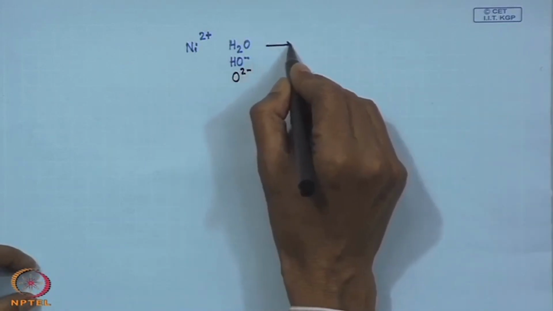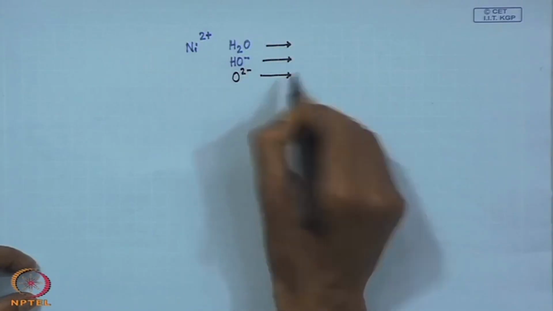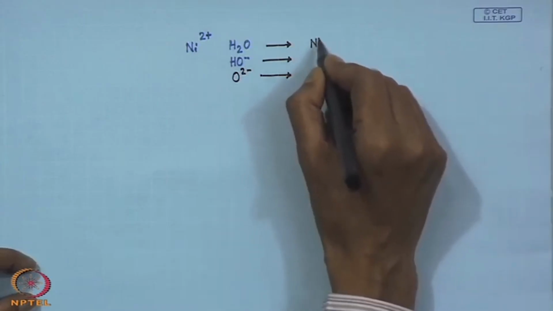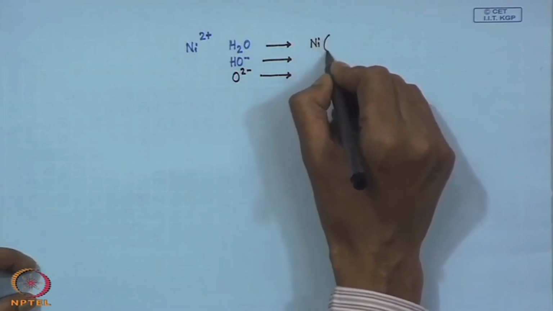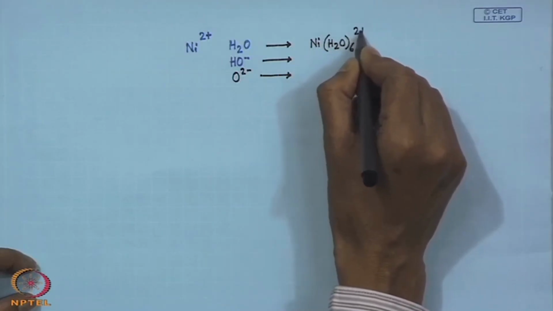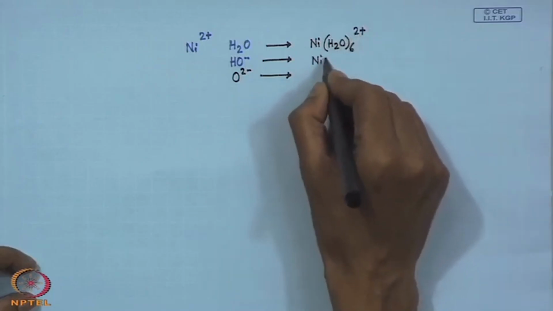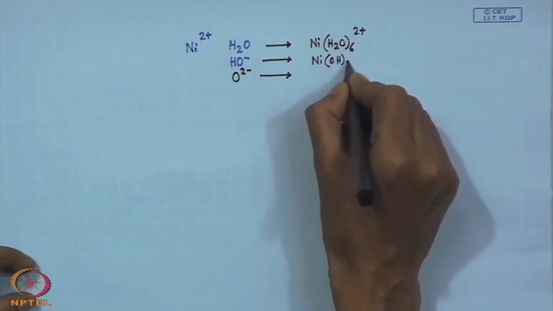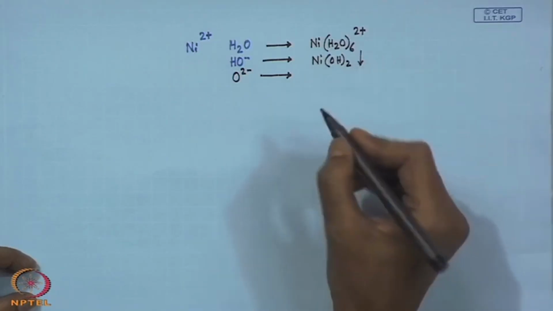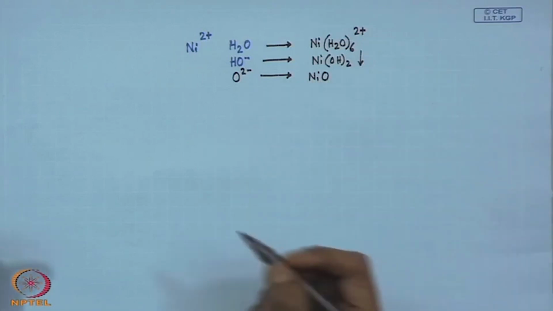So these three species as ligands can interact with the metal center, giving rise to some complex form which we all know now, the hexaaquanickel 2 ion, or simple nickel hydroxide, what we encounter in analytical chemistry, and it is precipitating out also, as well as nickel oxide.